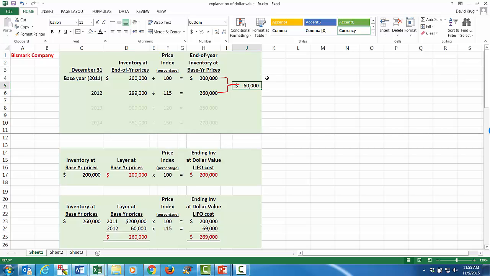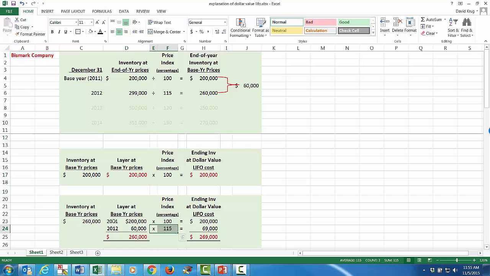And note that a new layer forms only when the ending inventory at base year prices exceeds the earlier inventory at base year prices. In other words, when the quantity increases. So we take this quantity increase for 2012, and we're going to multiply only that layer by the price index of 115, or 1.15.